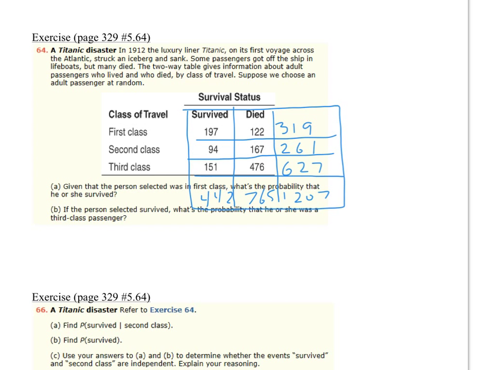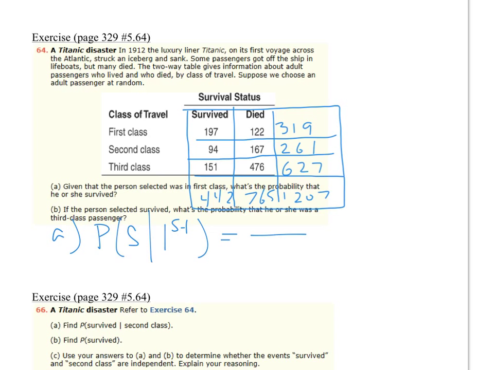Please turn to page 26. These two examples deal with the Titanic. In this two-way table of data, you see, from the totals I filled in, that there are 1,207 passengers, and they are broken down by survival status and class of travel. To answer Part A, given that the person selected was in first class, what's the chance that they survived? We find that probability just from an appropriate numerator and denominator from the table.